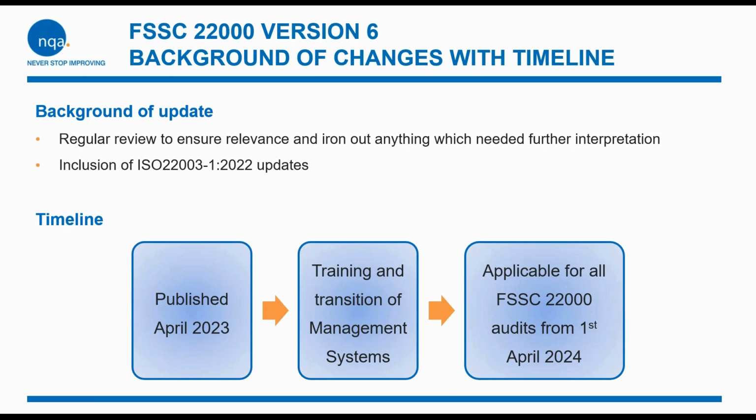So FSSC 22000, we are now going into version 6 of the standard. The background of the updates and the new version, one of the elements is to continually review and update the standard to ensure relevance and iron out any clauses or requirements which needed further interpretation.